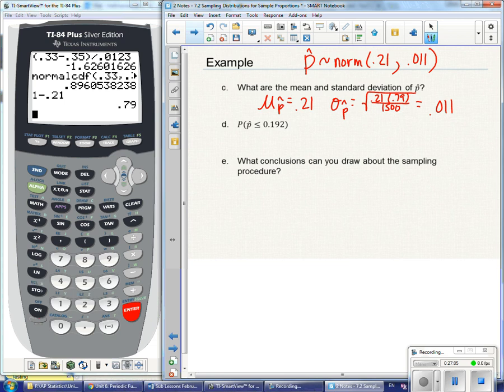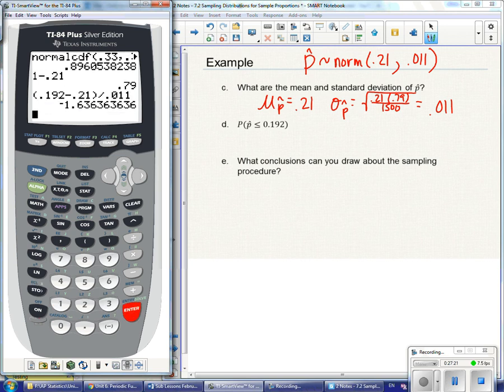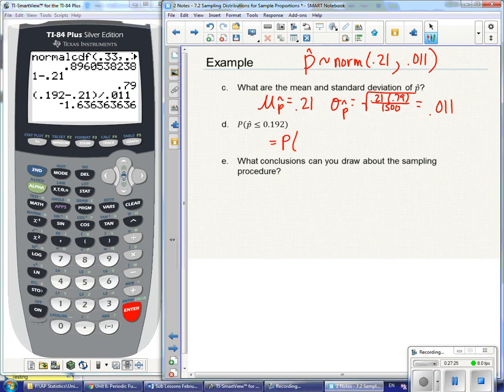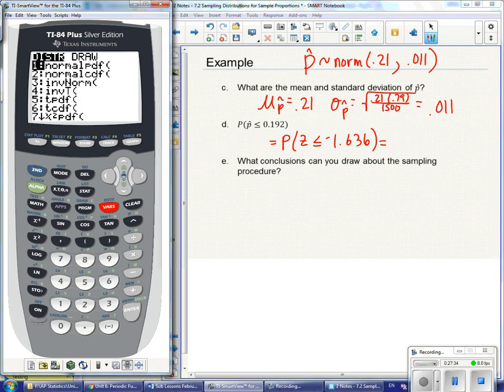So if I want to calculate the probability of my sample being less than or equal to 19.2%, I'm going to standardize it. So I'm going to take my 0.192 and subtract my 0.21 and divide by my standard deviation. And we get a z-score of negative 1.636. And then I'm going to go ahead to my normal CDF, because again, remember, we're using CDF because this is a continuous distribution.